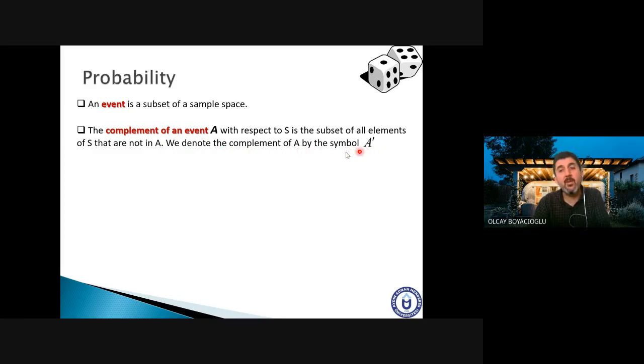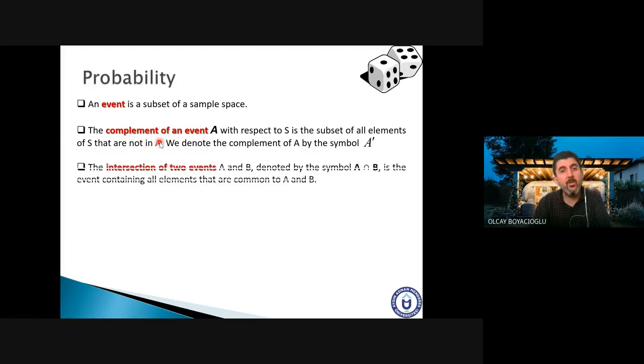Okay? That means yani A prime demek A'nın dışında kalan her şey anlamına geliyor. A'nın komplementi. Okay? A'nın tamlayanı. Alright? A prime. That means every single event in the sample space that is not in A. A olmayan her şey.